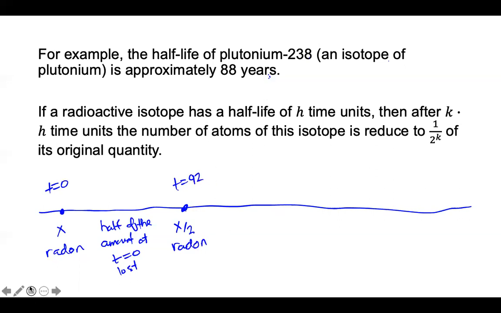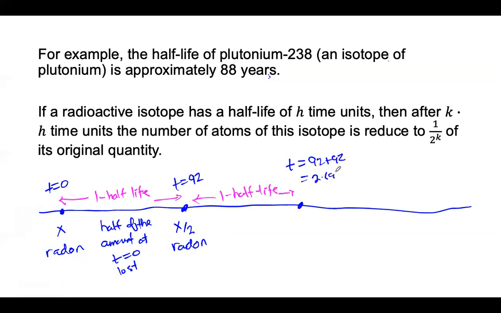Now another half-life, I could color code this. This is again one half-life. Let's say we take another half-life. Then the time from the beginning would be 92 plus 92, taking 2 half-lives, so that's 2 times 92.